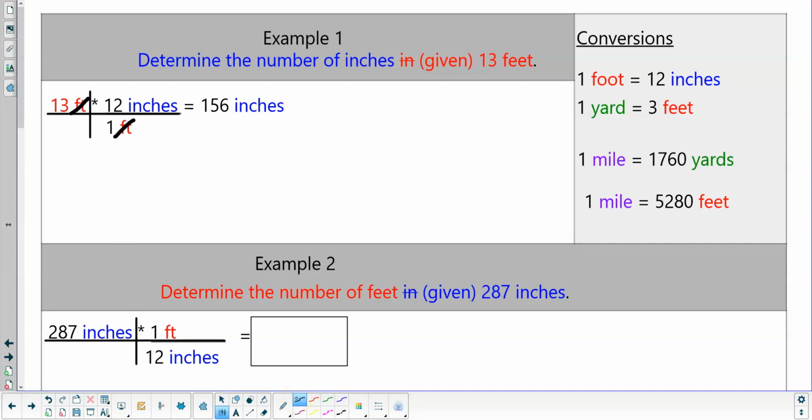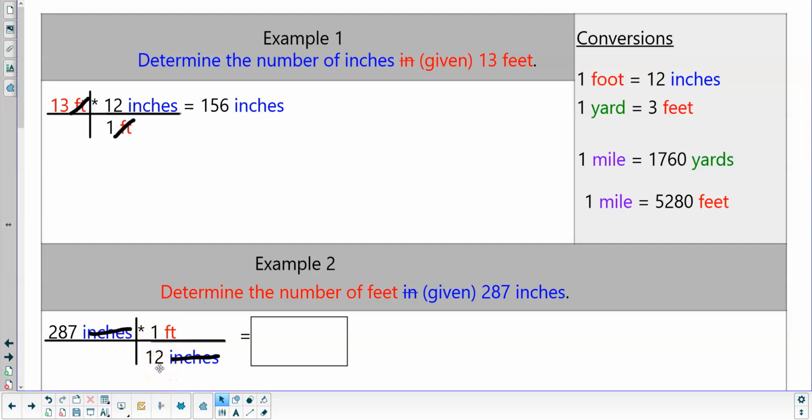Okay, so this 287 inches right here, the units in inches will cancel out. Notice I'm not canceling the numbers, I'm just canceling out the label for that factor. And then I'm going to have 287 times 1 on top, which is still 287. And then I'm going to divide by the bottom number here, which is 12.